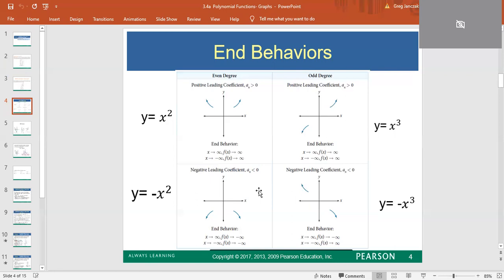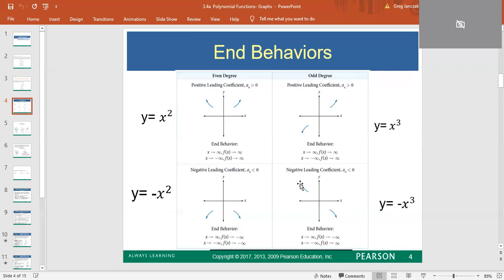Here we have a positive x cubed that goes up to the right and down to the left. The negative here is going to make it reflect about the x-axis. Now, instead of being up to the right, it's down to the right and up to the left. So it made that graph flip.